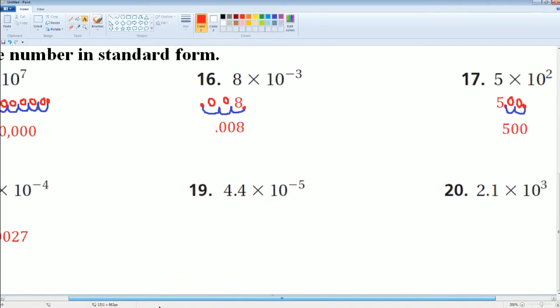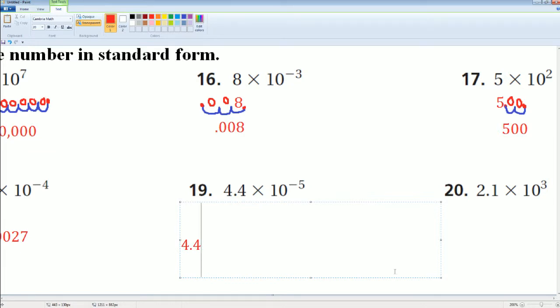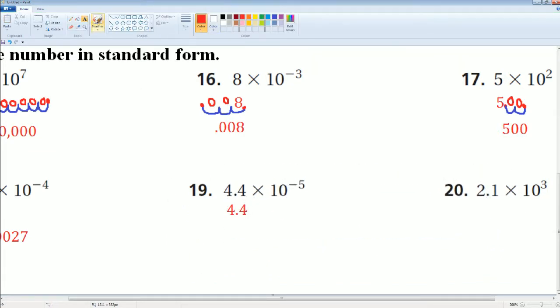Good. Same thing here. We start with what we have, which is 4.4. Good. Then we move based on the exponent. -5. Positive or negative? It is a negative. Okay, so we're moving to the left. 1, 2, 3, 4, 5.